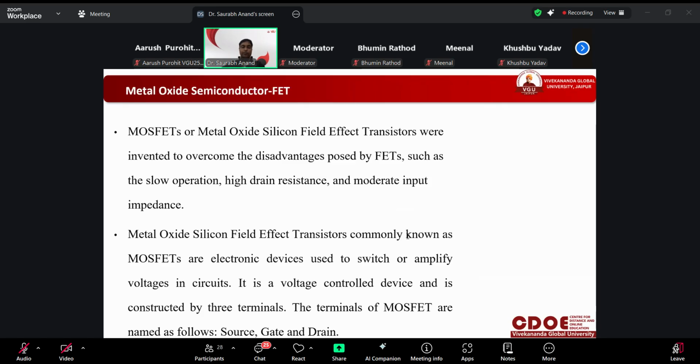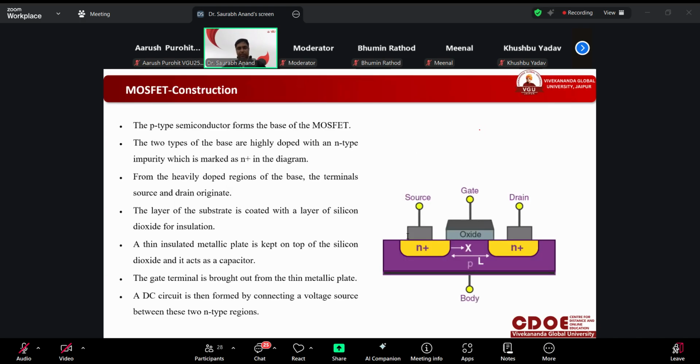And similarly we have the MOSFET. The structure of MOSFET is a little bit different. This is the structure. It is metal oxide semiconductor field effect transistor. Here we take one base, that is known as substrate. The substrate may be of P type, and we can take N type. I am drawing N type and P type is already here.